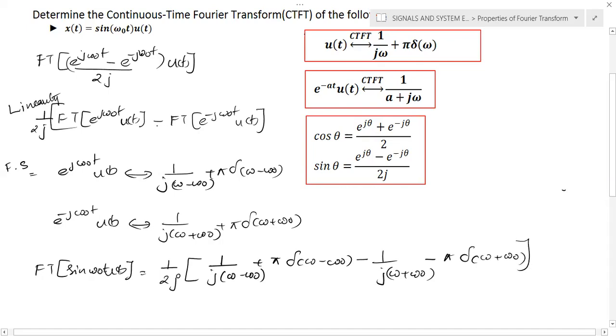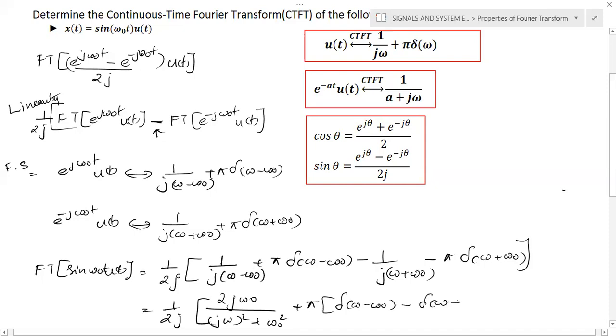Because here it is minus, we apply that minus here. If you simplify this expression, it becomes 1 by 2j, and if you take the first two terms, it becomes 2j omega 0 divided by (j omega) the whole square plus omega 0 the whole square, plus you can take pi common, then it becomes del of omega minus omega 0 minus del of omega plus omega 0.